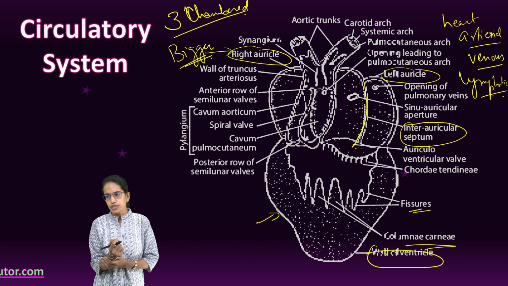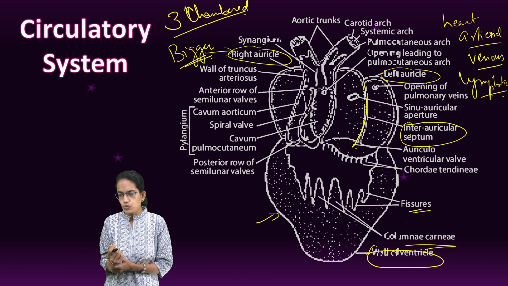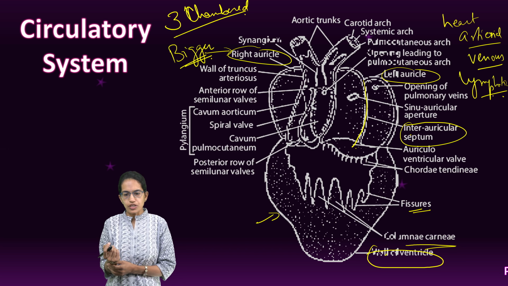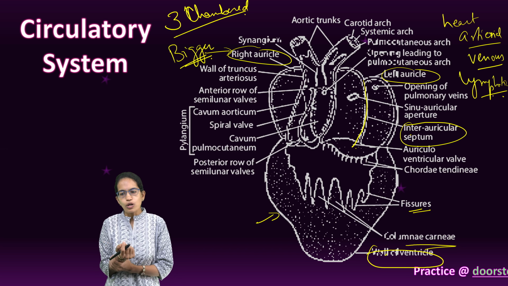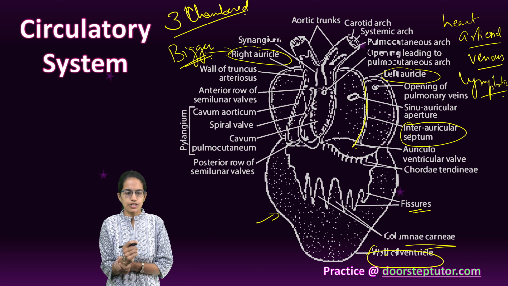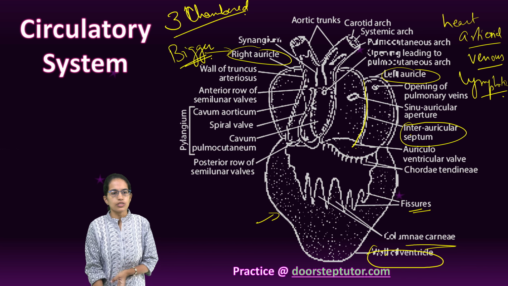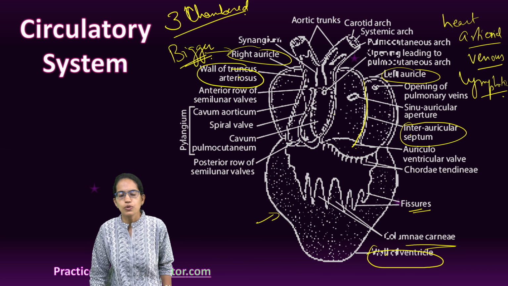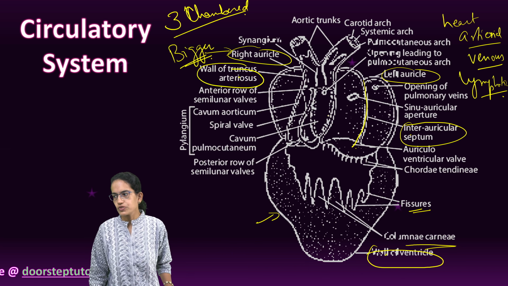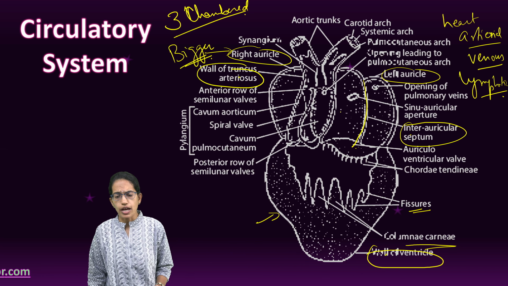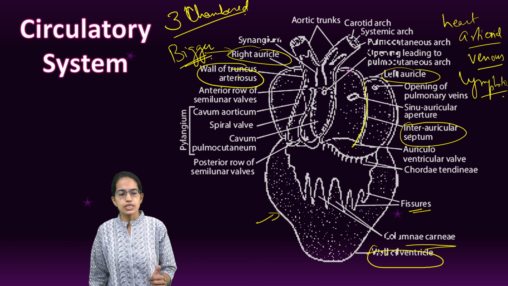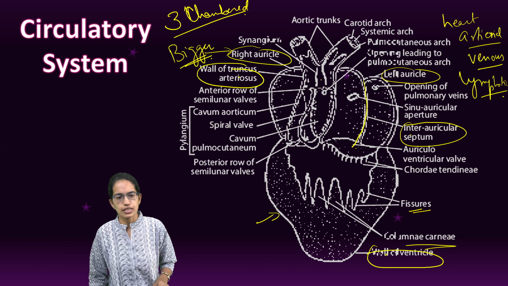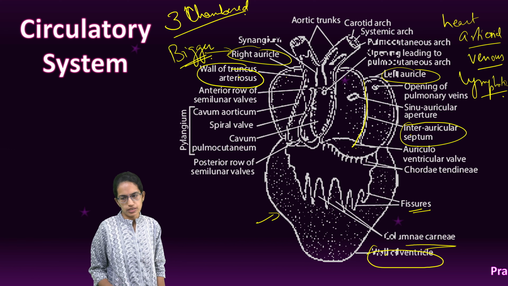You also need to understand that there are two additional chambers which are known as the sinus venosus and also called the truncus arteriosus. So here is the wall of the truncus arteriosus, and then you have another section which is known as the sinus venosus, which are two other important segments of the circulatory system of the frog.